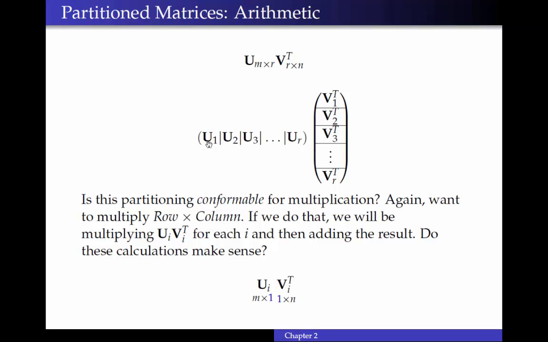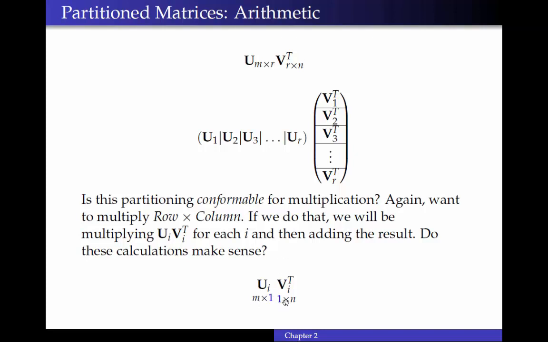Well, UI is going to be a column of U, so it's going to have M rows in one column, so it's M by 1. These VI's will be a row of V transpose, and so it's going to have N elements, N columns, and one row.